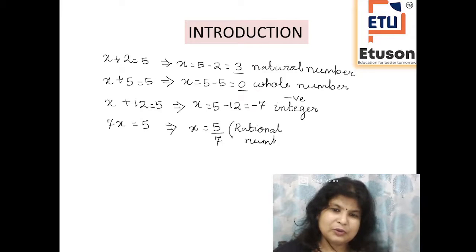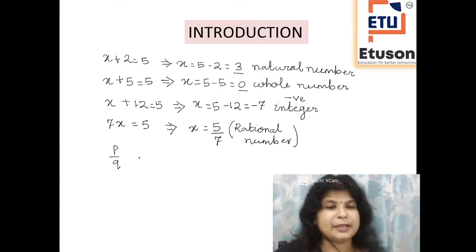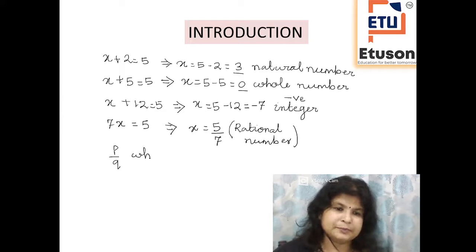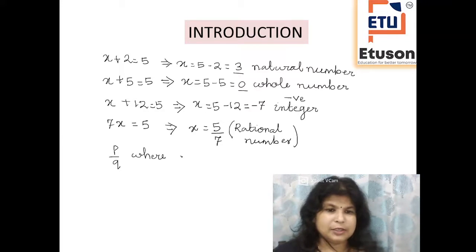Now a number is said to be a rational number when it is expressed in the form p by q, where q is not equal to 0 and p and q are co-prime.